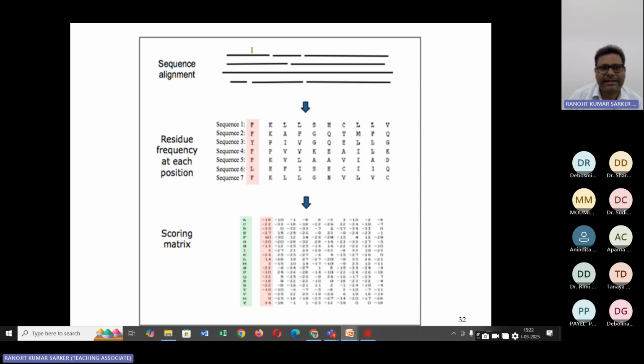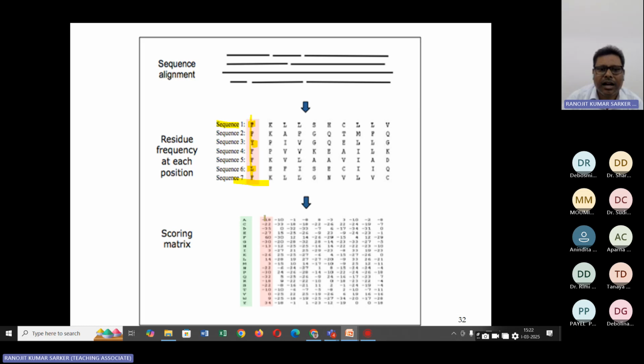Let us see an example. These are the sequences; there are 7 sequences. In a particular column, you can see the frequency of F, the frequency of Y, the frequency of L, and the rest of the residues have frequency 0.